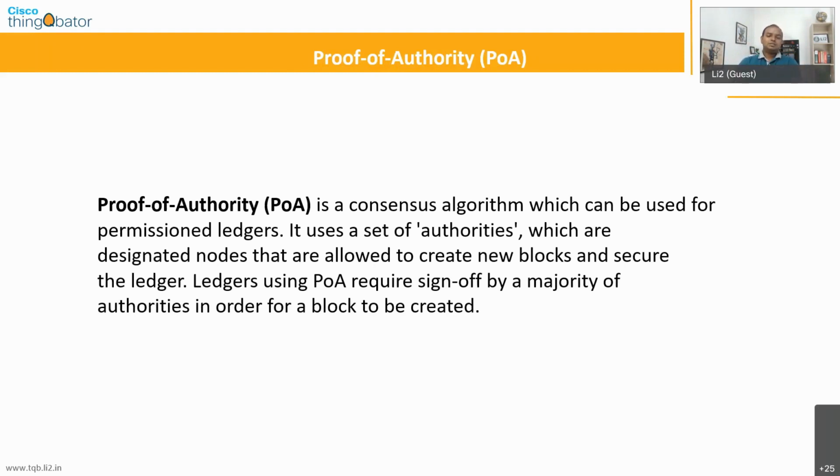So one example is something that we did recently in MetaMask, where you pasted your Facebook post URL or Twitter URL, and you got those coins to your wallet, right? What exactly happened there? The wallet address that you tweeted or posted on your Facebook wall got verified by the faucet, and they credited those cryptocurrencies, or ethers, as we call it in the Ethereum scenario, to your wallet, right?